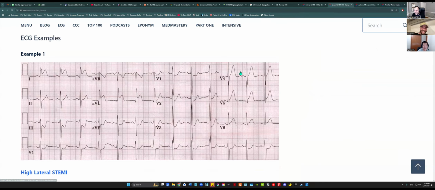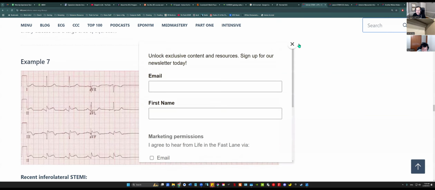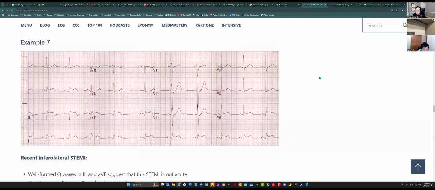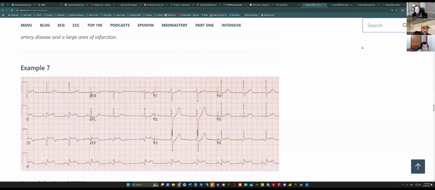All right, let's look at one more. Close your eyes one more time. Anterior elevation in V2 and V3.